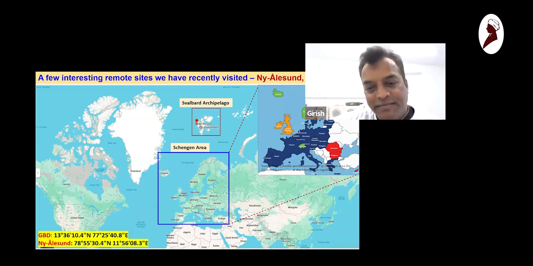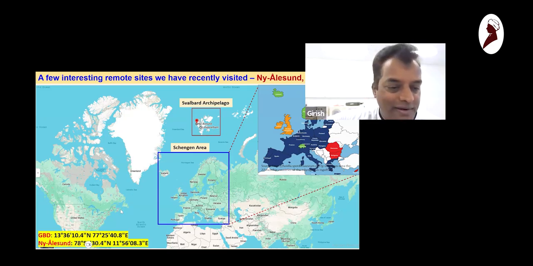So the way we reach Svalbard is you fly from India to Oslo. So you typically take a Schengen visa for that. And then from Oslo, you fly to Longyearbyen, the capital city of Svalbard. Okay.